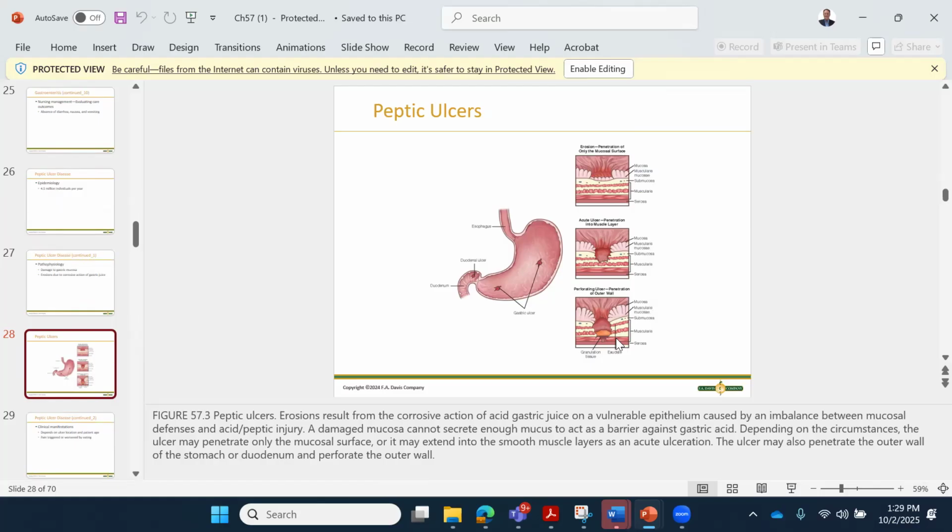And you can have instances where a peptic ulcer penetrates the gastric wall. This can create a very bad situation and can lead to conditions such as peritonitis in some cases.